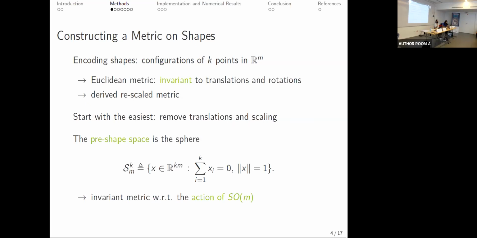It's constructed in two steps, so we have two quotient spaces. The first quotient space corresponds to taking out the action of translation and scaling, such that we obtain basically a sphere. That is the pre-shape space. On this sphere, we have a natural metric inherited from the Euclidean rescaled metric, which is invariant with respect to the action of rotations.